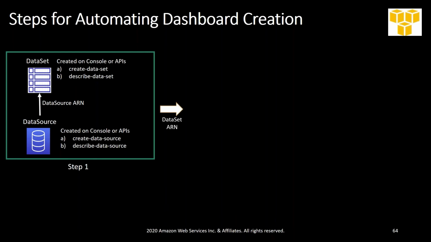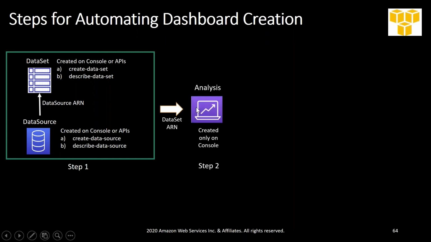Step two, once the data set is created, it also generates its own data set ARN that will be used within the analysis. We did all of this in the console, so it was kind of transparent for us. We just picked the data source, we just selected the data set, we just went and created the analysis. Behind the scenes, this is what is happening. It's connecting these objects together using the ARN.